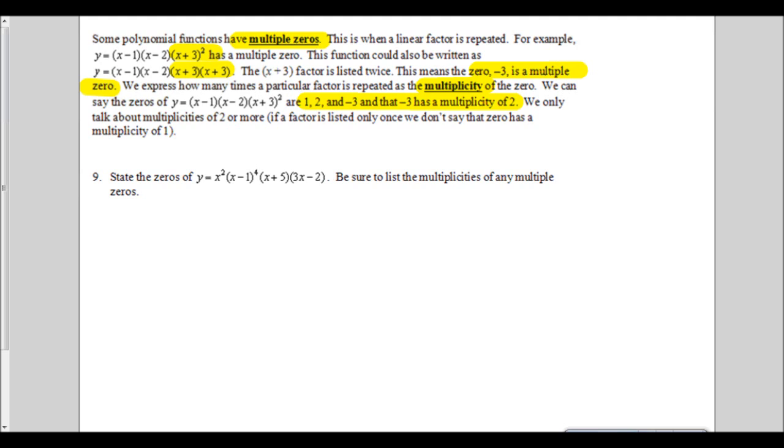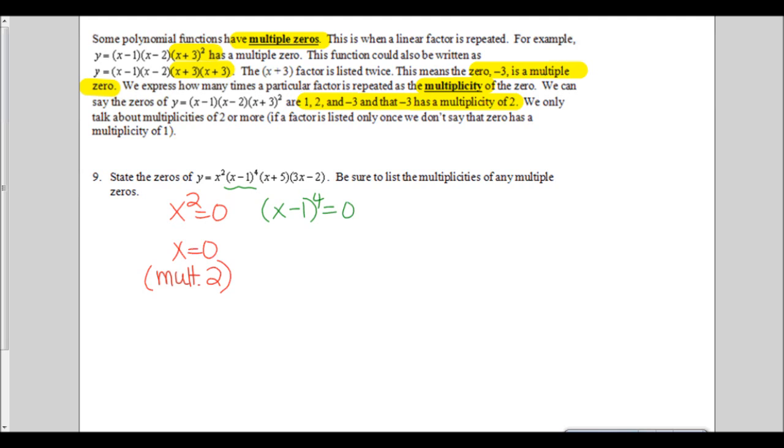So let's state the zeros of y equals x squared. So I've got x squared equal to 0. So x would equal 0. That's going to have a multiplicity of 2 because it's a 0 twice. My next factor is x minus 1 to the 4th.